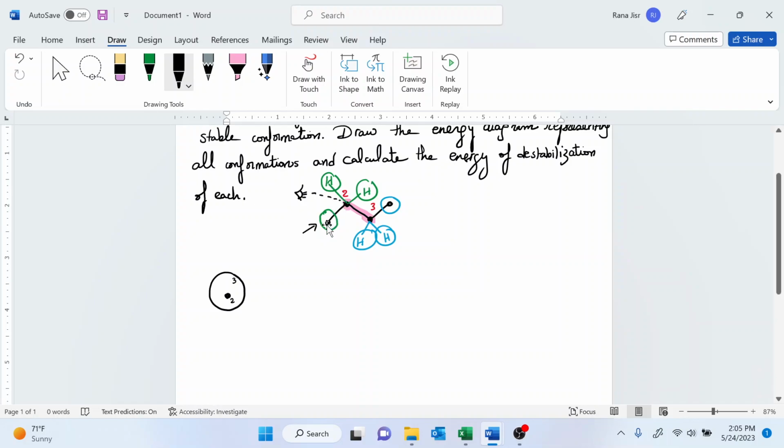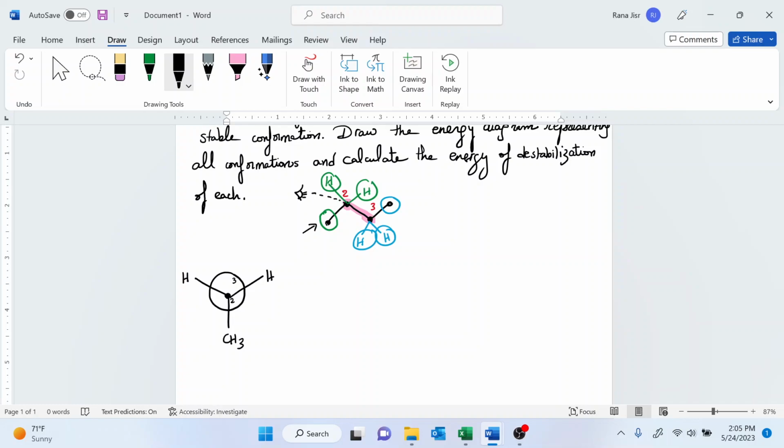Then I have a hydrogen on each side. Always start the Newman projection by drawing the staggered conformation, and then rotate to get the eclipsed conformation.